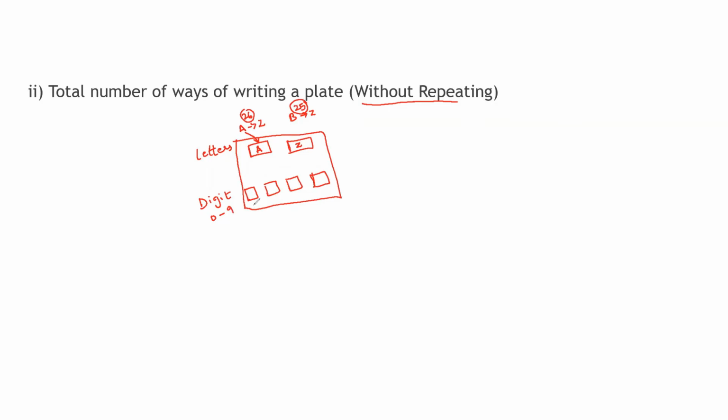Now when we are thinking of digits, there are digits which can be written from 0 to 9. So total how many digits are there? 10 digits are there. Say for example, I have written 2. Now I cannot write 2 here because that number has already been used. So leaving that, I have to fill. I can write 0, 1, 3, 4, 5, 6, 7, 8, 9, but I cannot write 2.